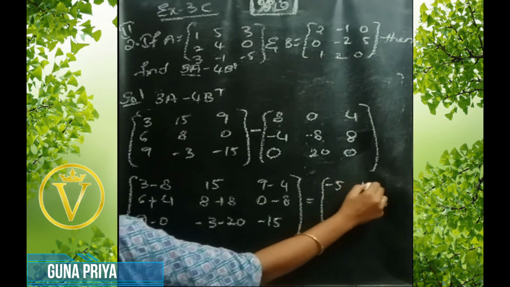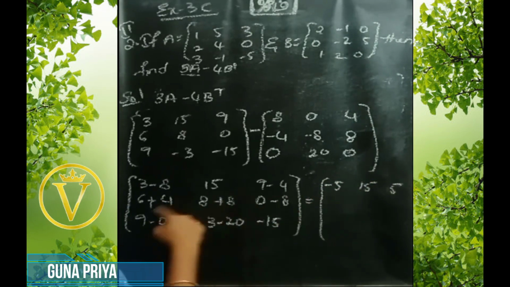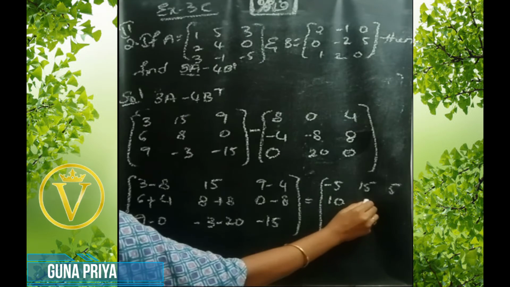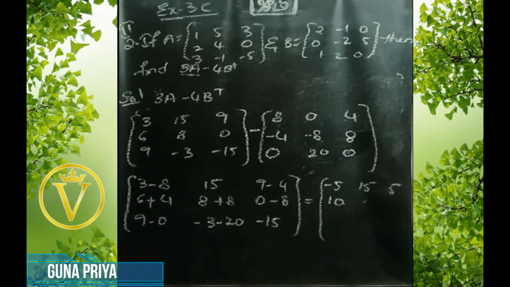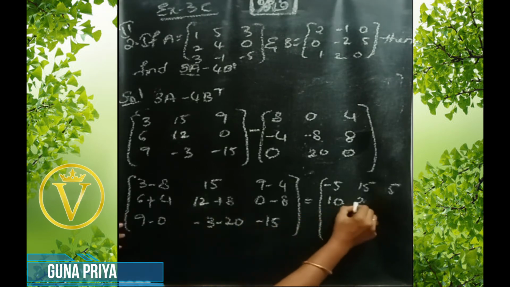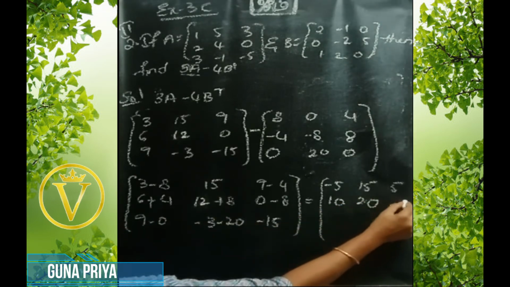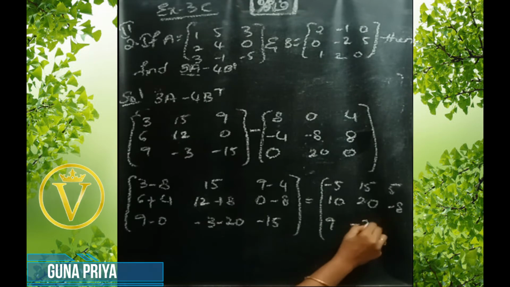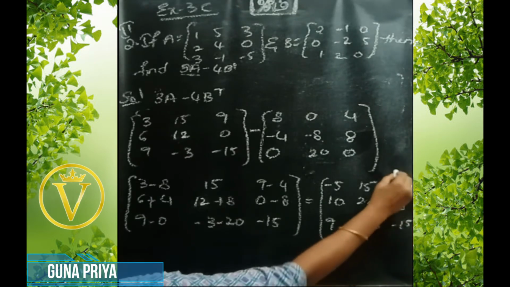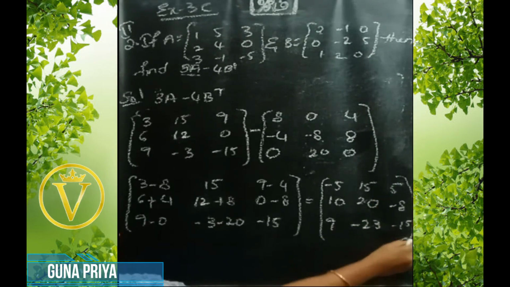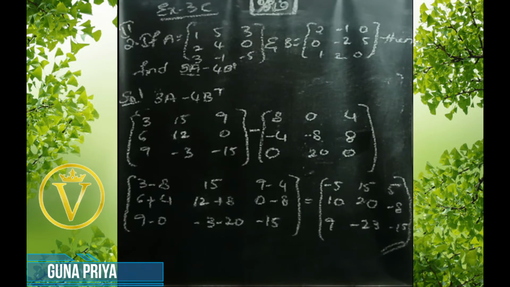Minus 5, 15, 5, 10, here 12, 12 plus 8 is 20, minus 8, 9, minus 23, minus 15. So this is the answer for the question.